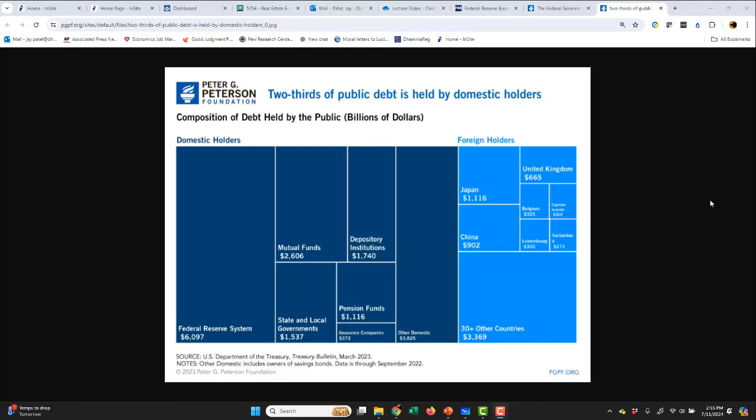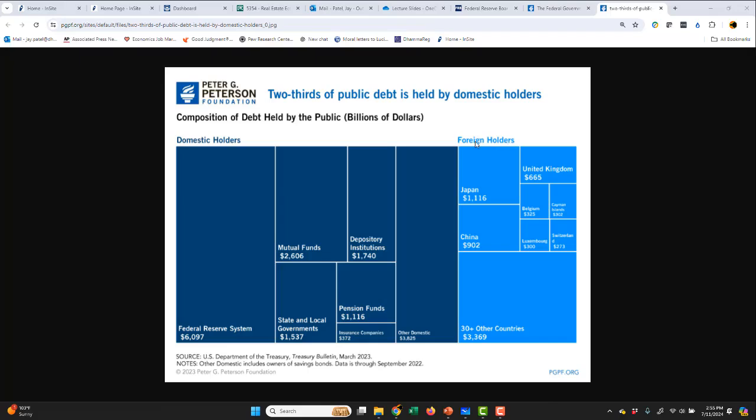Okay, and then one more graph to show, just to tie this together with that graph we saw of the Fed's balance sheet growing over time. This graph here shows who is the holder of U.S. Treasuries, and it breaks out domestic and foreign.